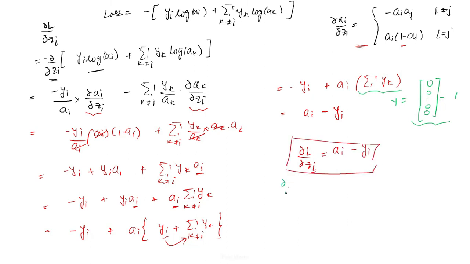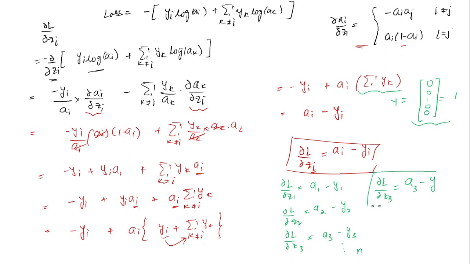And for different values of i we will have the same thing, and this we can continue for all n neurons. In short, we can write this del L by del Z as A minus Y only. And if you remember, I skipped writing the 3 here. So this is del Z3 and this is A3 here, and this is Y, which is the output vector.